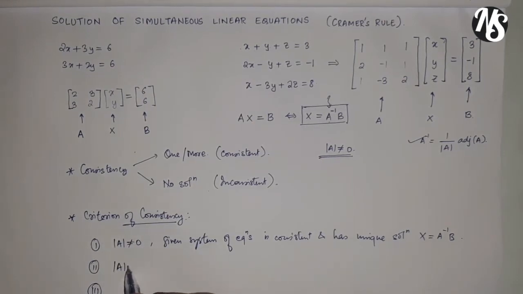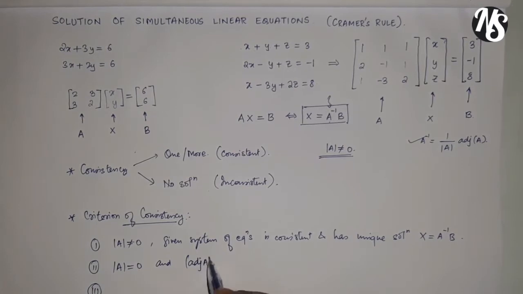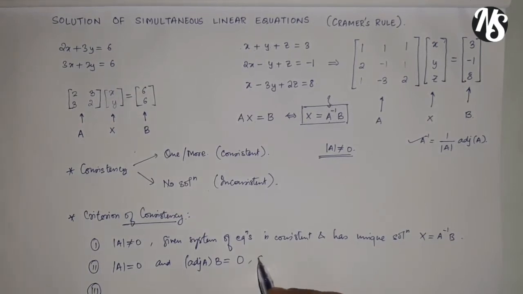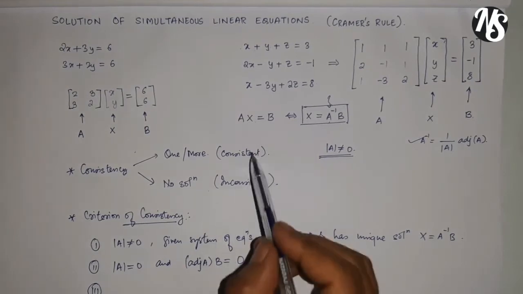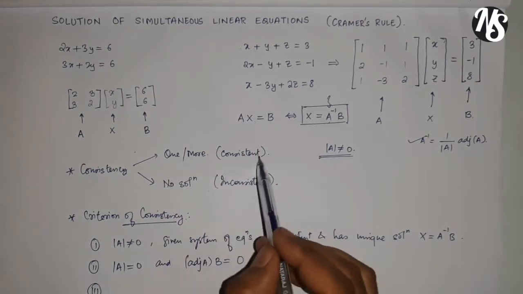Now in the next case, if determinant is equal to 0, and this time I'll put one more condition, and that condition is adjoint of A into B is equal to a 0 matrix. If these two happen, then we say that the system is consistent. Still it's consistent, but when the system is consistent, there are two cases.